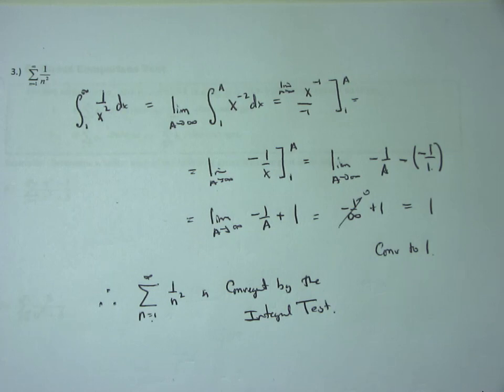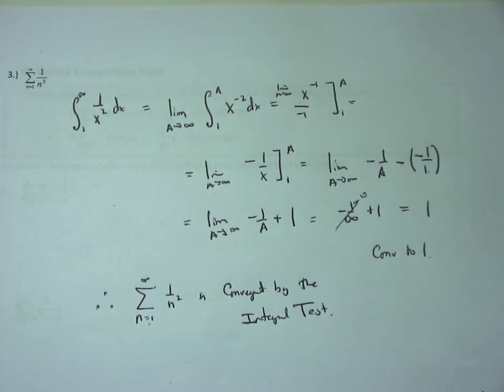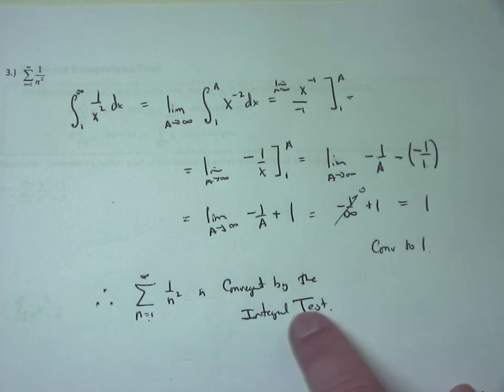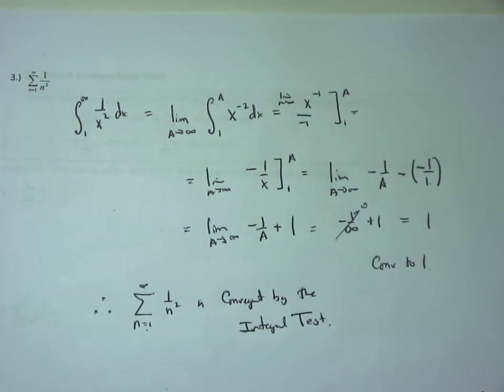I can tell you this, it's going to converge to something less than 1, but that wasn't the question. The question is, does it converge or diverge? This thing's going to converge. When you add this stuff up, it's going to add up to a number. What exactly is this number? It's some awful irrational at a higher level of math. Does that make sense? Did I lose you guys anywhere?